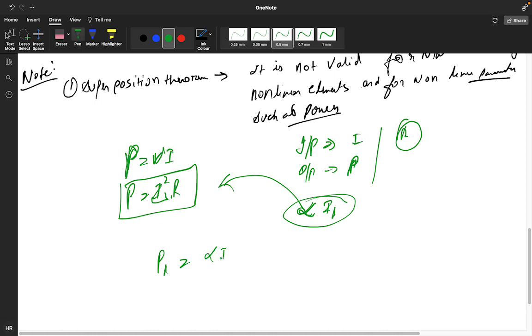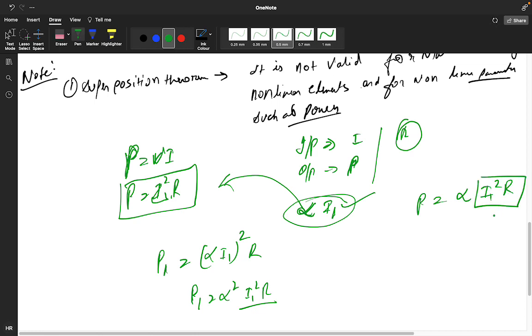P1 is equal to alpha I1 the whole square into R. So P1 is equal to alpha square into I1 square into R. But I told you, if you scale your input by alpha and the power is also scaled by alpha, then it's fine; this is linear. But see here, the scaling factor is coming as alpha square. That means this is not linear.